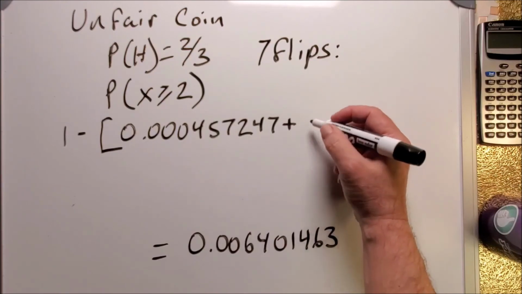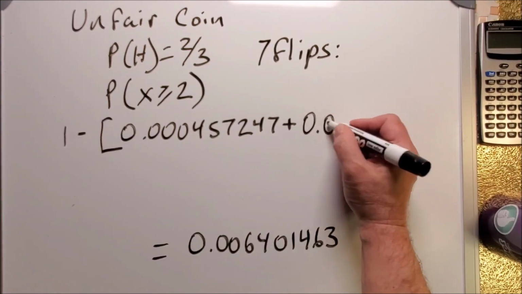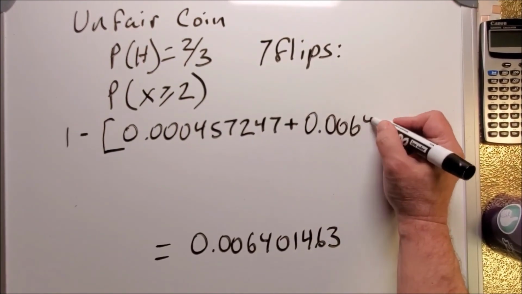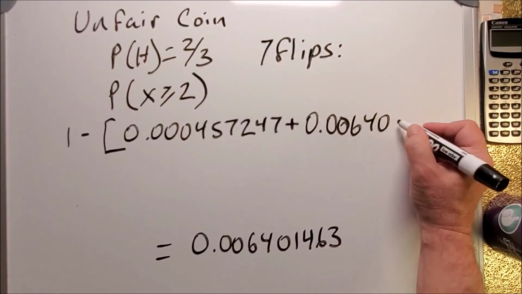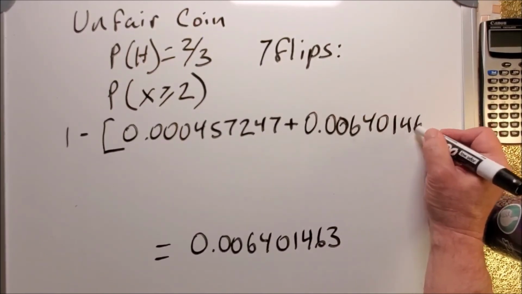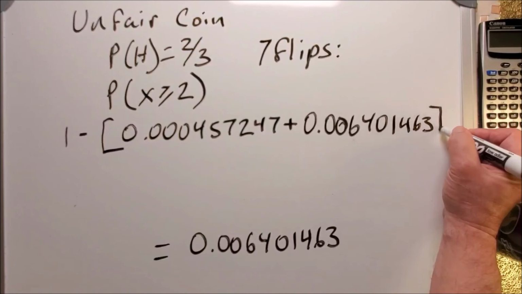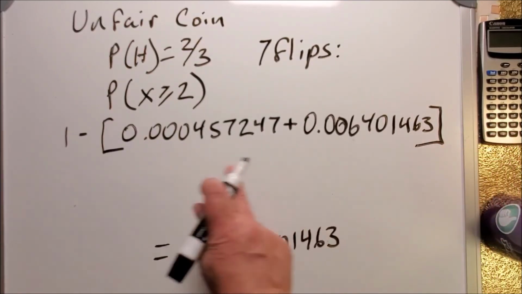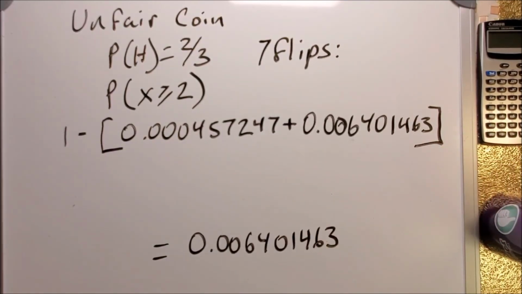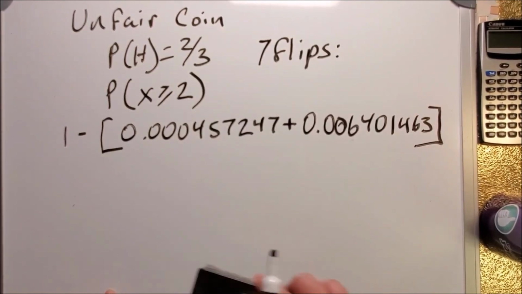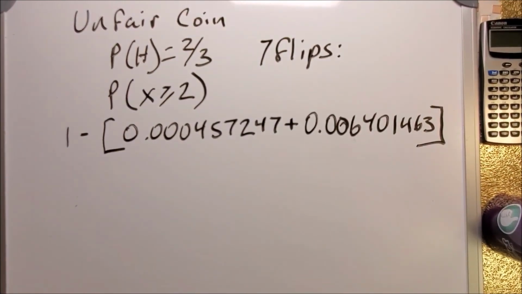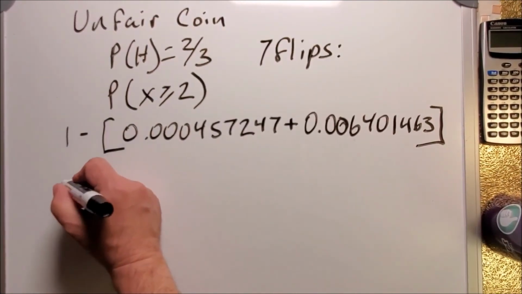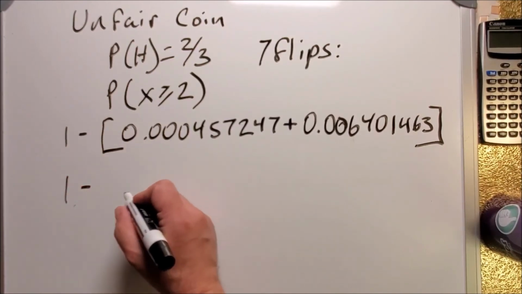So that's going to be 0.006401463. And that in schematic form is our calculation. Go ahead and do that on your own. I'm actually going to take one more step and then give the answer.